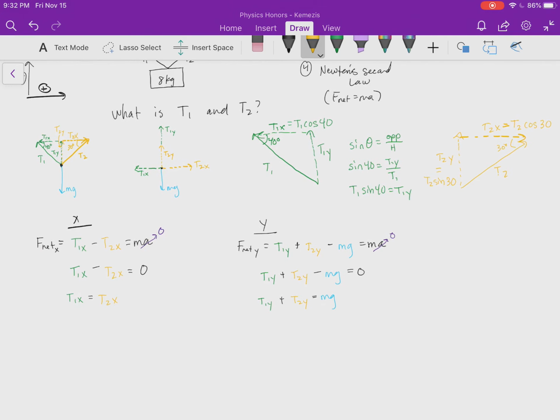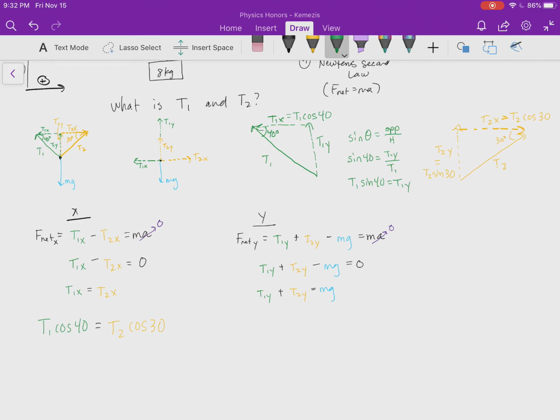So what we're doing is we're trying to fill in more information of these equations that we have written, and we're also trying to limit the number of unknowns. So T1x is the same thing as T1 cosine 40, so I can rewrite this and say T1 cosine 40 is equal to T2x, which is T2 cosine 30.